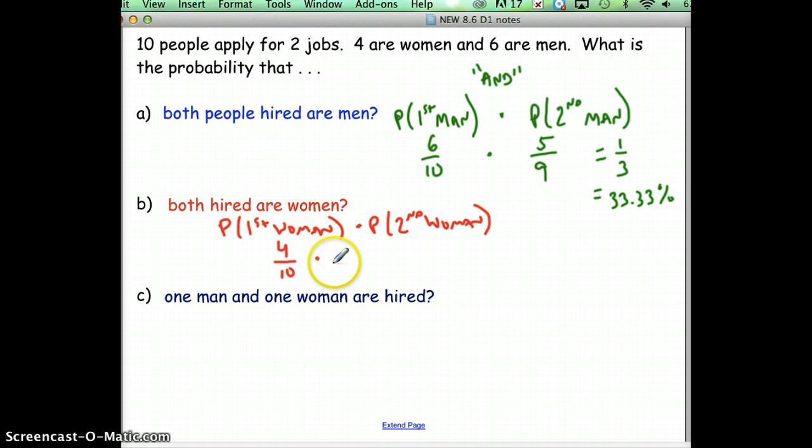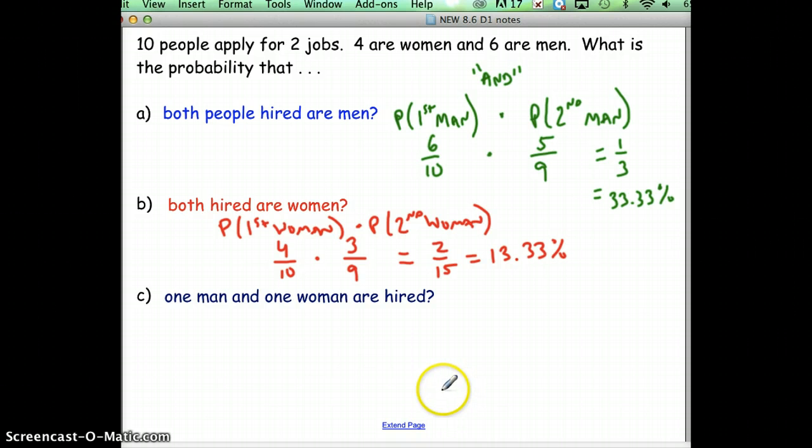And the second woman, well, assuming this is a woman, because we've picked a woman, there's only 3 women left, and there's only 9 people left. So multiply those together, and we get 2 out of 15, which is 13.33%.